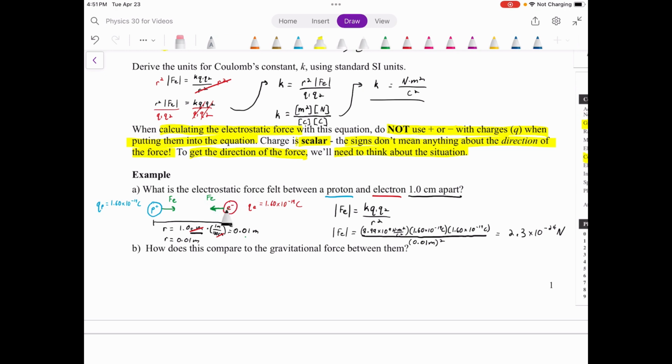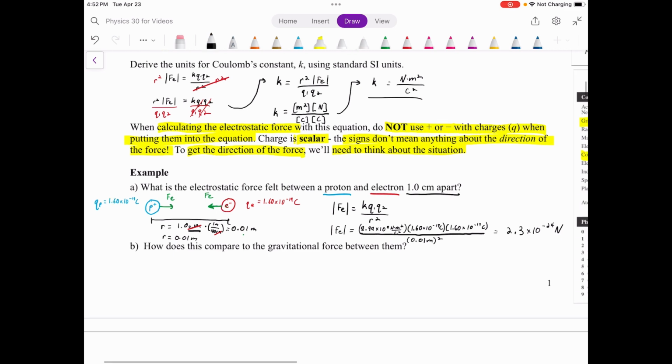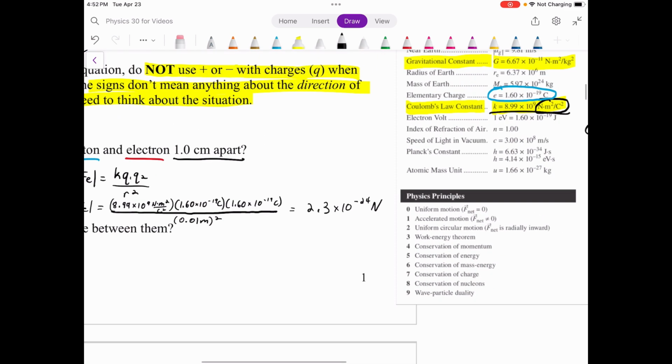So it didn't give us enough information to say what specific direction this force is, and it's in opposite directions depending on whether you ask the proton or the electron. So the best we can really do for a direction is just attraction. Or you could say towards one another if you wanted, but that's what attraction means.